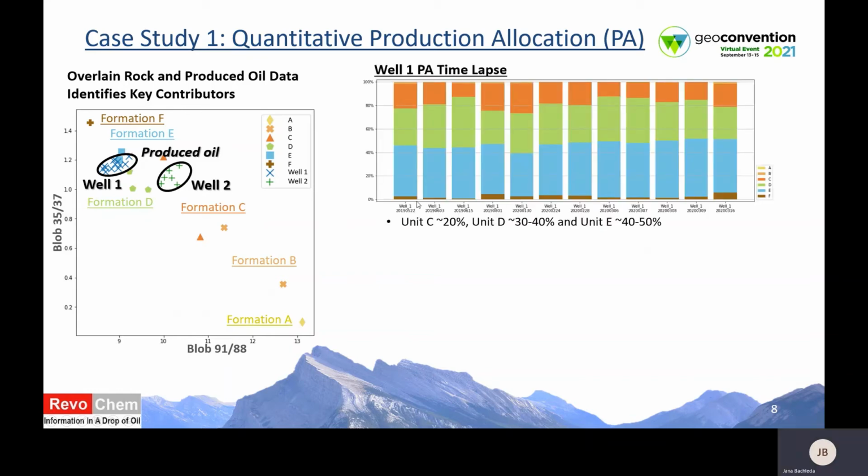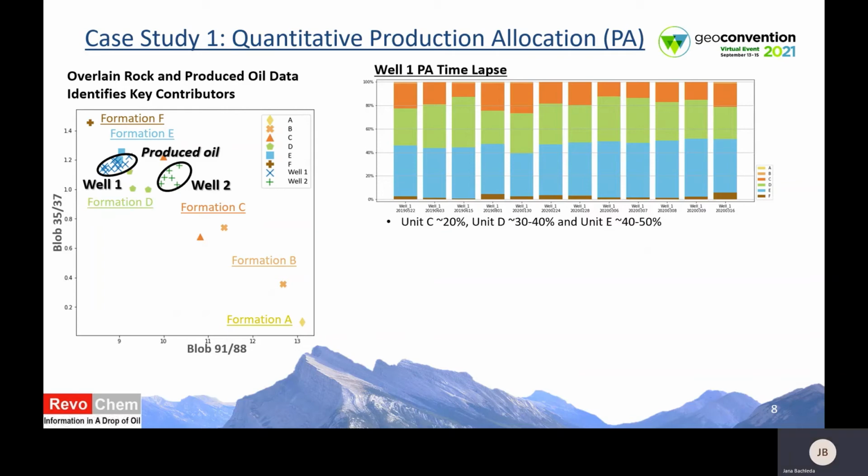We also looked at production allocation changes through time. Now in well 1, we had 12 samples we looked at from May of 2019 to March of 2020. Through these samples, we can see that Unit E is in fact our primary contributor.